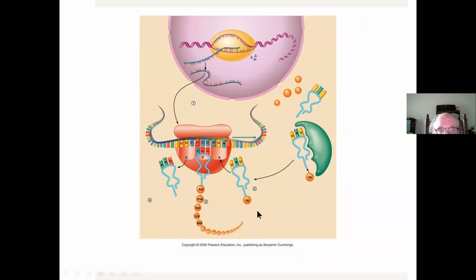So we're building up, so if we're looking at another section, we came out of here, this was our DNA. DNA had a triplet. We transcribed that into a codon. This codon came out here and attached to a ribosome. We have a three nitrogen-based codon, okay?